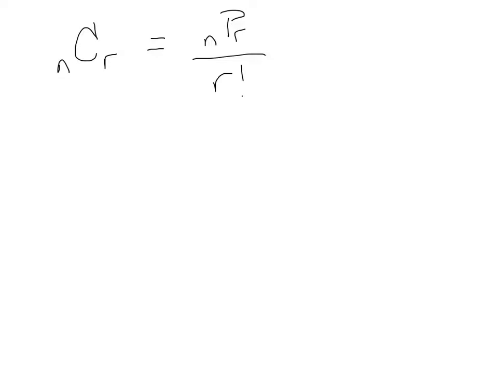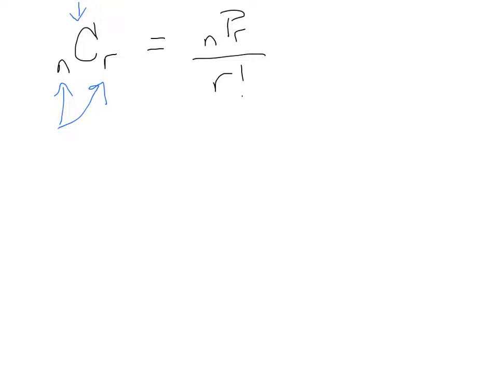Turns out that when you have n and you're choosing r elements from n elements with any combination, the formula is looking at the permutation of that same choice, n choose r, over r factorial.